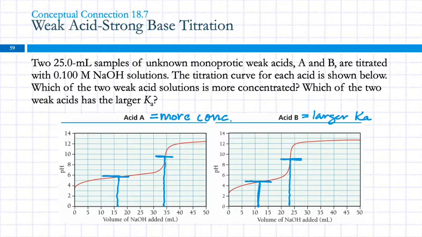Because you can have a very low concentration of a strong acid and it's still a strong acid. You can have a high concentration of a weak acid and it's still a weak acid. Now, a high concentration of a weak acid might be more corrosive than a low concentration of a strong acid. But strength is just how much it ionizes.